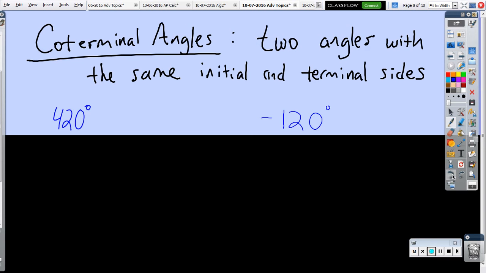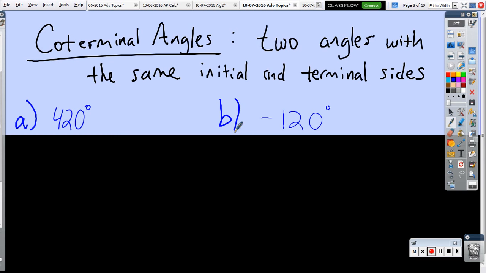Find a positive angle less than 360 degrees that is coterminal with this angle, 420 degrees. These are two different examples. So again, a coterminal angle with the 420 degree angle that's less than 360.